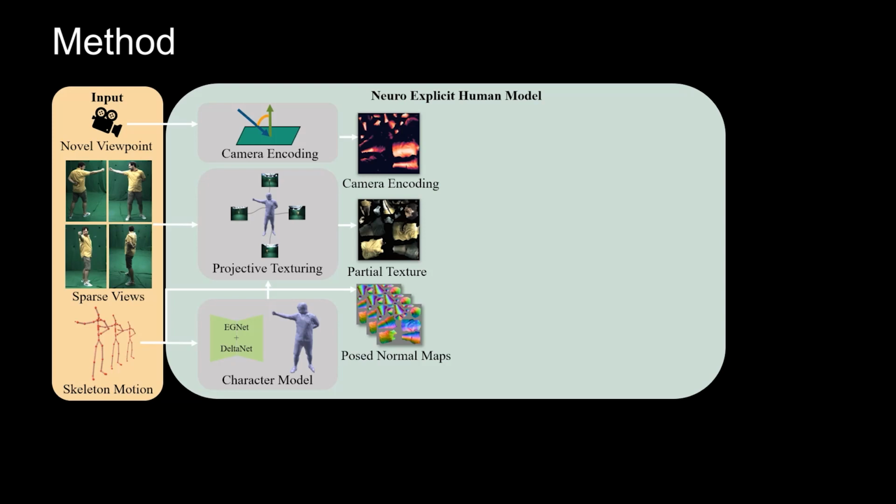These encodings are then fed into our TextNet model, which generates a dynamic texture map along with deep features. While this dynamic texture already provides a high visual quality when rendered into screen space, the resolution is still rather low and artifacts appear at the mesh boundary due to the explicit nature of meshes.